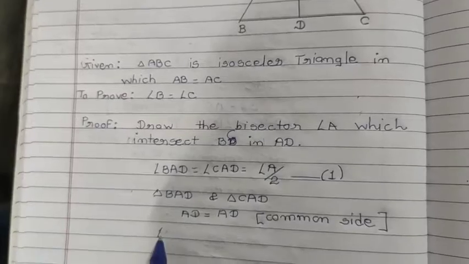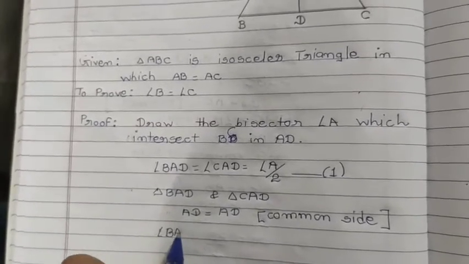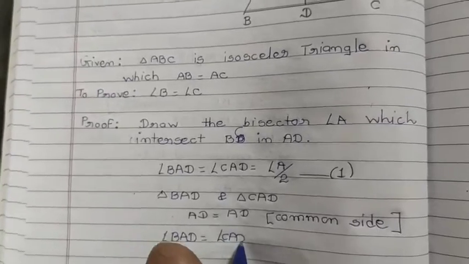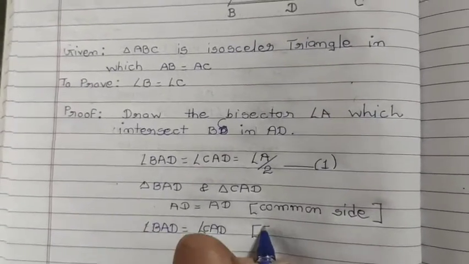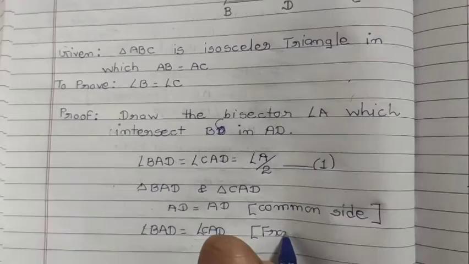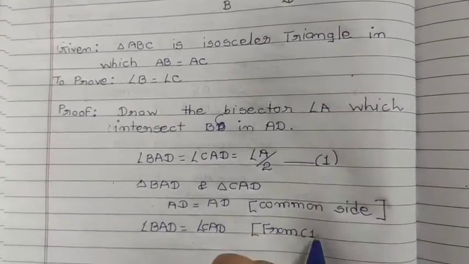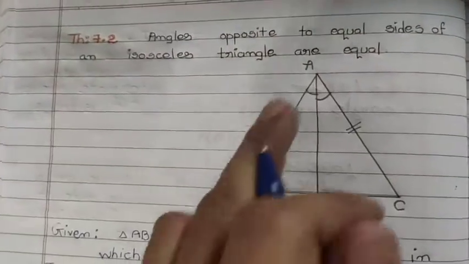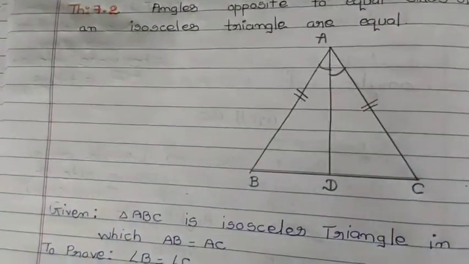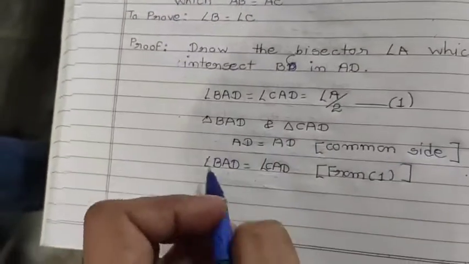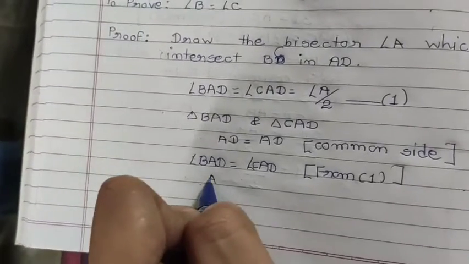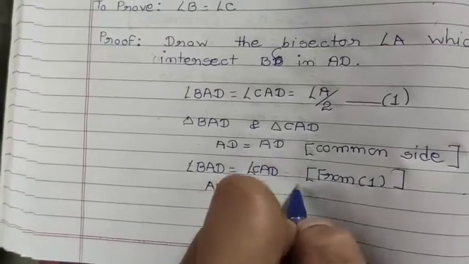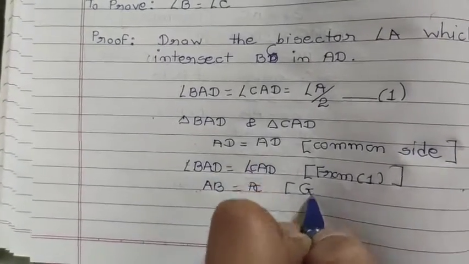Now we can see that angle BAD is equal to angle CAD from 1, and last we can see that AB is equal to AC because it is an isosceles triangle. That is given.